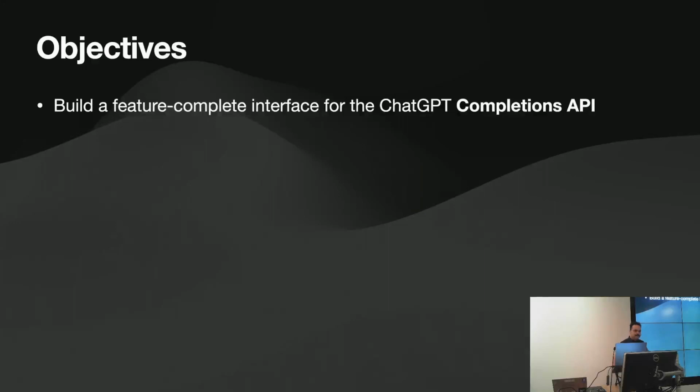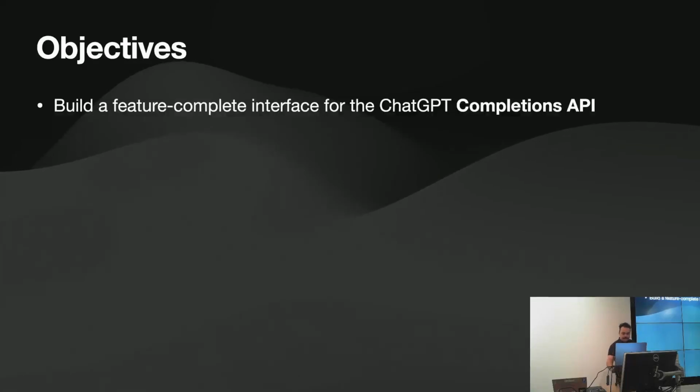So I set out to build upon some new technologies I was learning at the time as well. I've been trying to learn Blazor, which is a front-end framework, but you can write C# and it runs in WebAssembly.